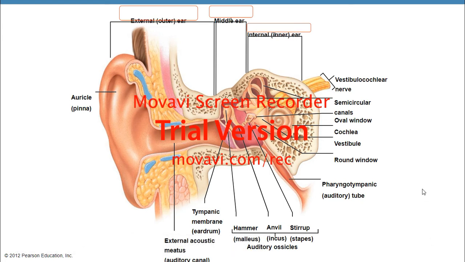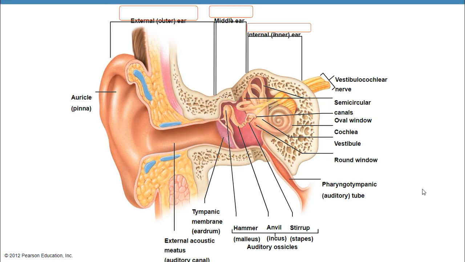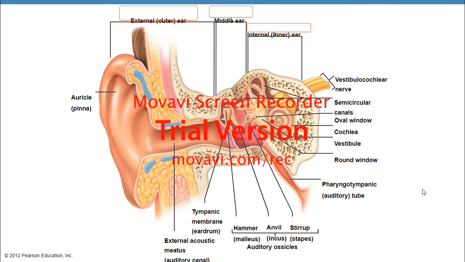The vibrations of the stapes at the oval window are going to create pressure waves that are eventually transferred to the endolymph in the cochlear duct.